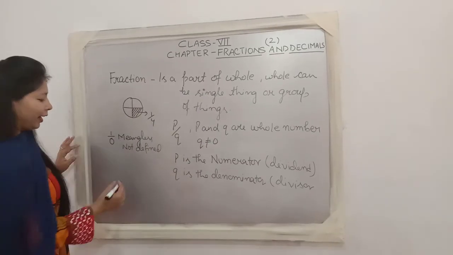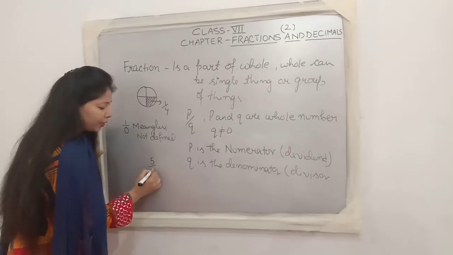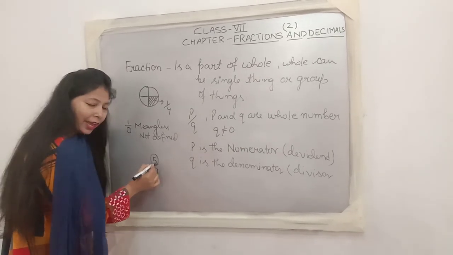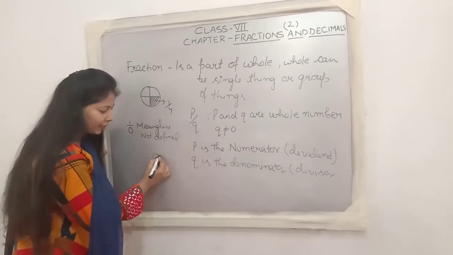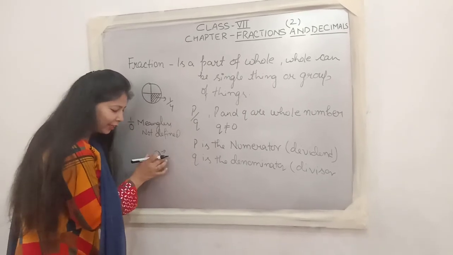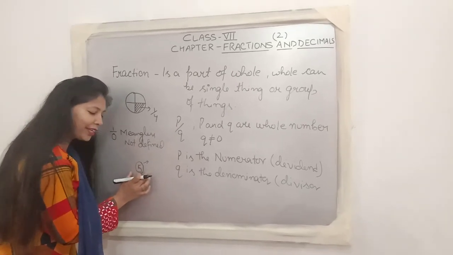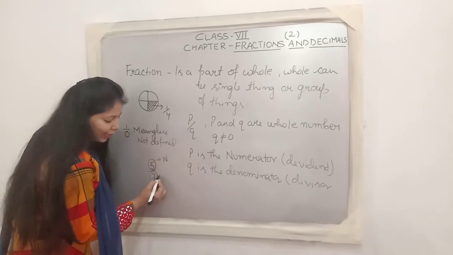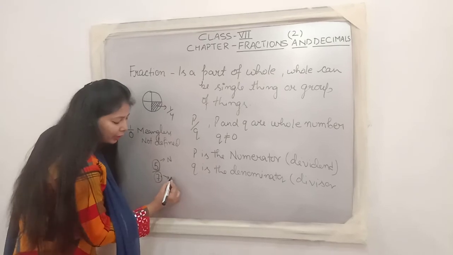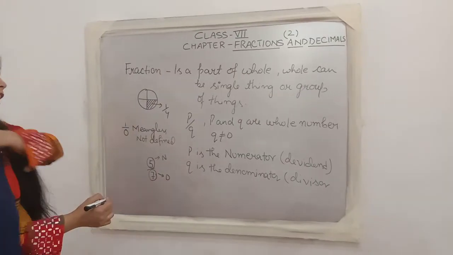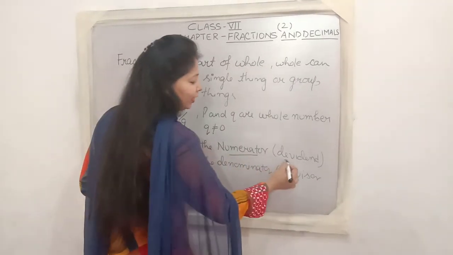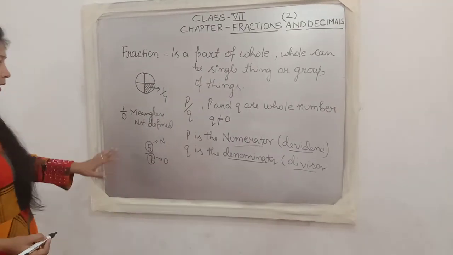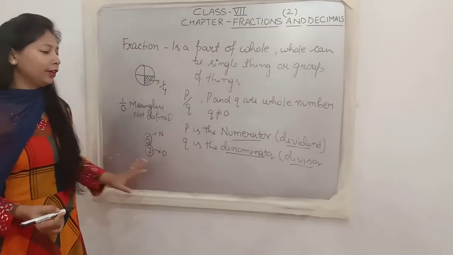For example, I write 5/7. That means this 5 is the dividend and this is the divisor. ये क्या हो जाएगा? Numerator है, upper part. This divisor line के ऊपर वाले part को हम क्या बोलते हैं? Numerator. And नीचे वाले पार्ट को क्या बोलते हैं? Denominator. And the numerator is the dividend and the denominator is the divisor. Now this is the definition of a fraction.